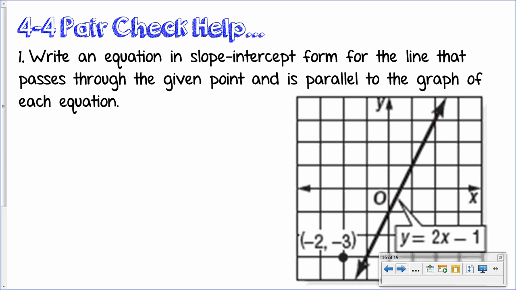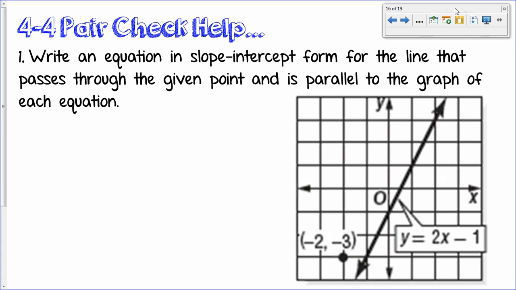Is that the same one on your pair check, or is it different? Okay, so it wants you to write an equation in what form? Tell me what that is.